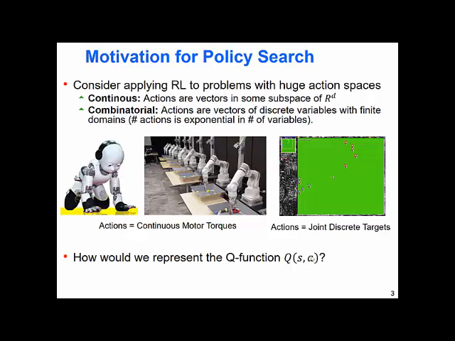How would we represent a Q function for a continuous action space? Let's say A is a continuous action and S is a continuous state vector. You can write a function. Yeah, so you could just say I'm going to have a Q function where the input is an action and a state and it outputs just a value.